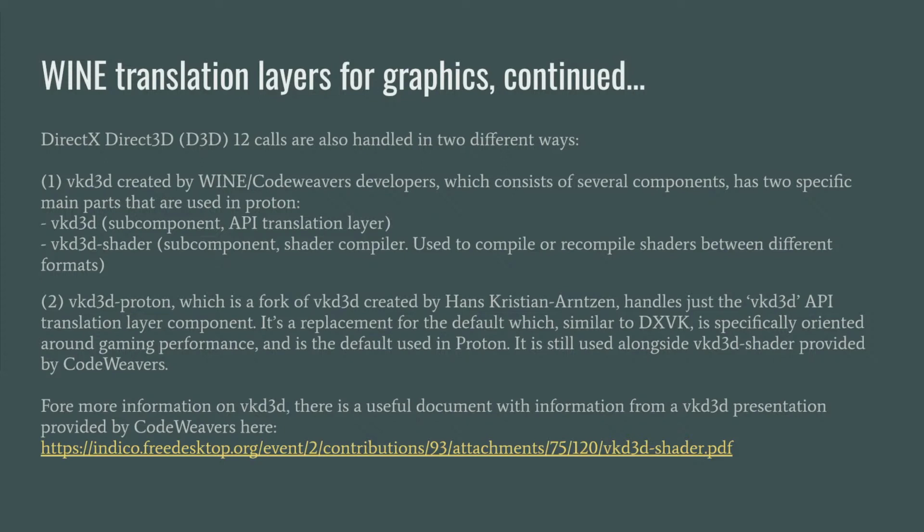An important thing for games in particular is if you are running a game and maybe you're having a problem, maybe it won't load, or maybe you see graphic glitches or something, it's important to try and find out which version of DirectX or Direct3D it's running, because that can give you an idea of where to report bugs. For example, if the game's an older one or it's running DX9, 10, 11, then it might be a DXVK bug. But if it's running DirectX 12, then it would be a VKD3D bug.